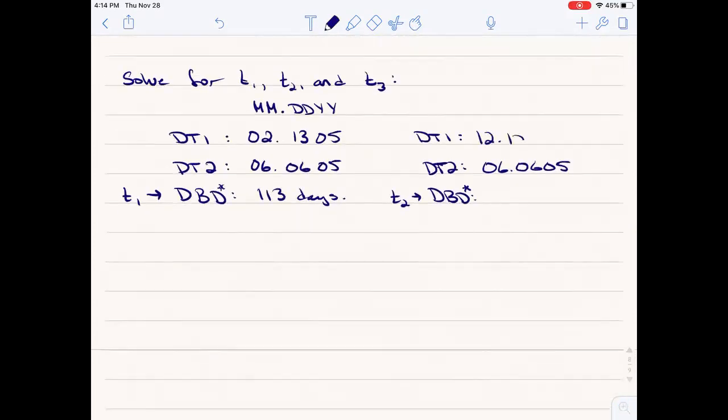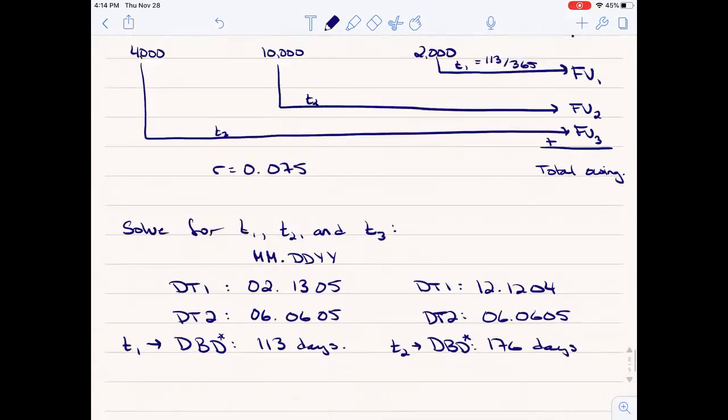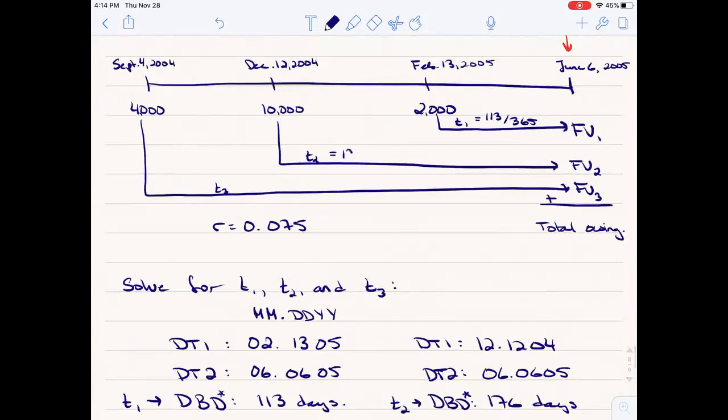So 12/12/04. So now I can just flip back up to date 1, leave date 2 alone, and flip between date 1 and the days between dates. 12.12.04, or sorry, 04. Compute. I get 176 days. So T2 is 176 over 365.